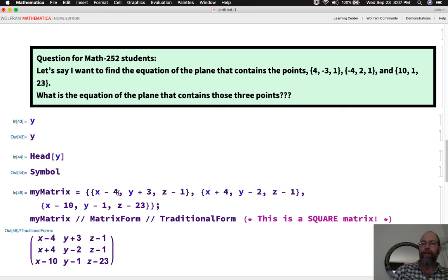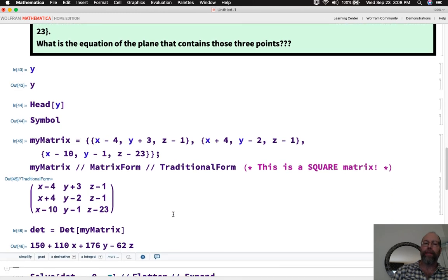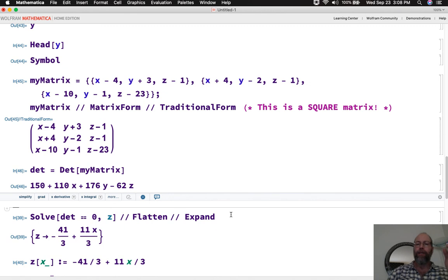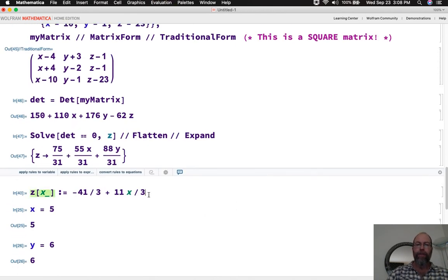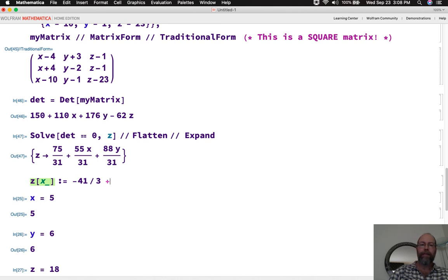So x minus 4, y minus a -3, which is y plus 3, z minus 1, x minus a -4, which is the same as x plus 4, y minus 2, z minus 1, x minus 10, y minus 1, z minus 23. So now, okay, I have z.